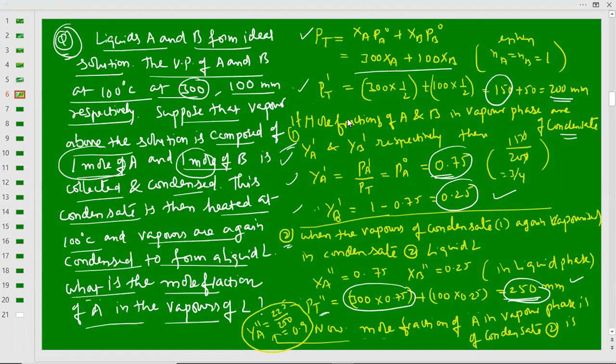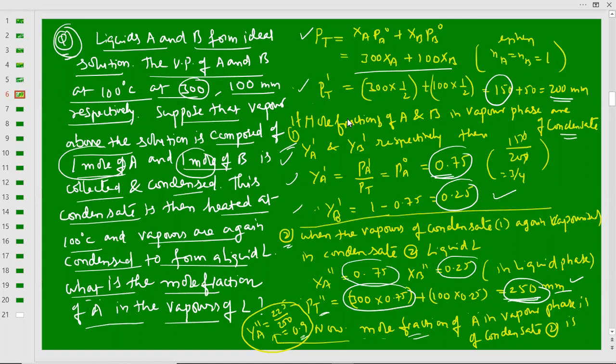In the second condensate, the mole fraction values we got are reversed to those we had taken to find the total vapor pressure, which is 250. After that we used the second condensate mole fraction of A in the vapor phase, 225 by 250, and we got 0.9.